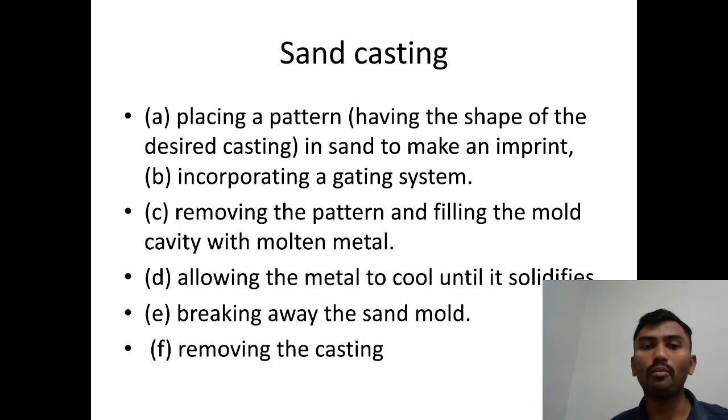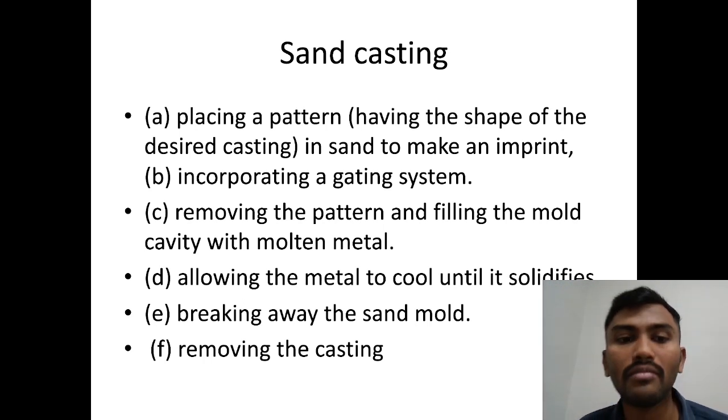First of all, we have to place a pattern in sand to make an imprint. That means having the shape of the desired casting, which shape we need, that has to be already there, and we have to place it in the sand. After that, incorporating a gating system.